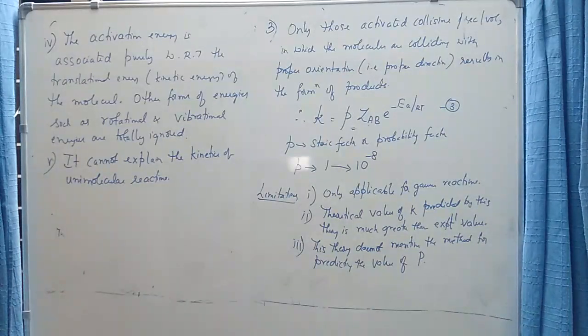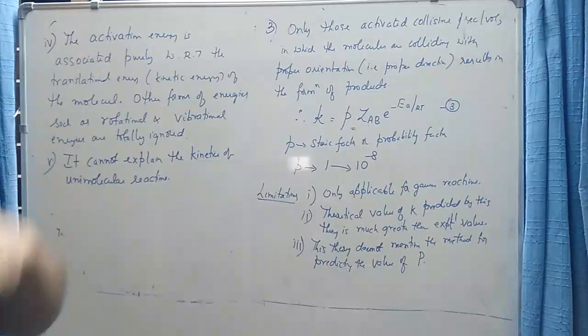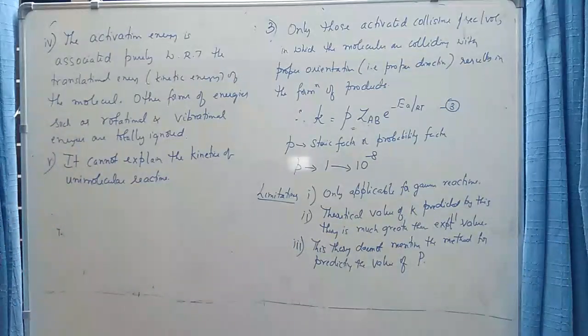And this is one of the most successful theories of chemical kinetics, and currently we still use this transition state theory in almost the same form in which it was proposed many years back. Of course several modifications have been made to this theory, but the original idea of the theory is almost the same. So the transition state theory successfully explains the kinetics of a chemical reaction.